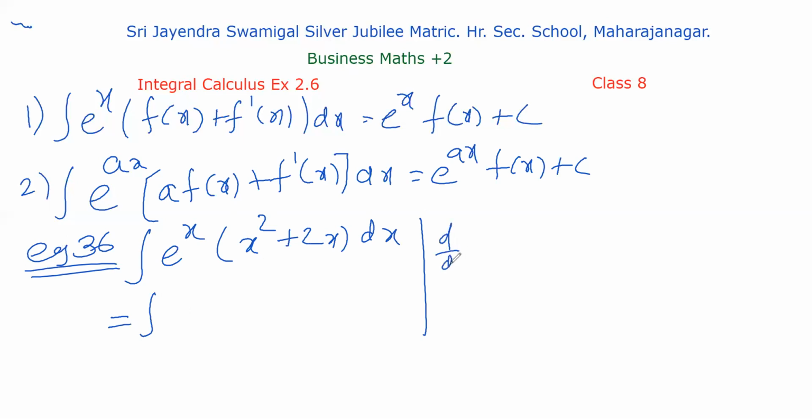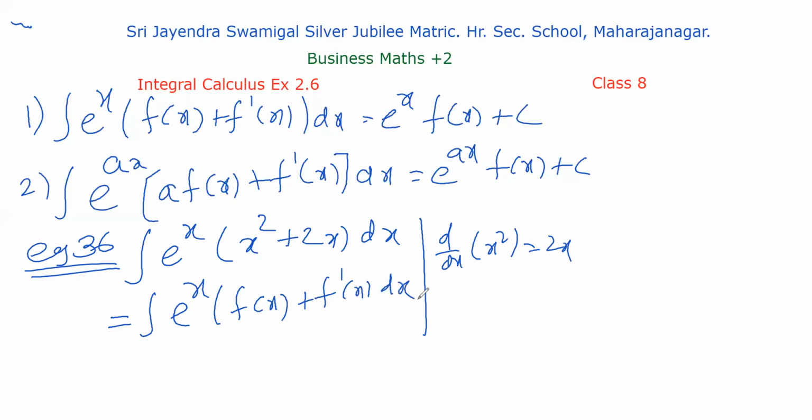What is d by dx of x square? That is 2x. So this is of the form e power x into, taking x squared as f of x plus this 2x as f dash of x, into dx. So this is of the form of the first formula.